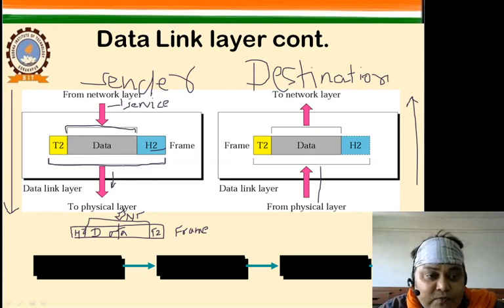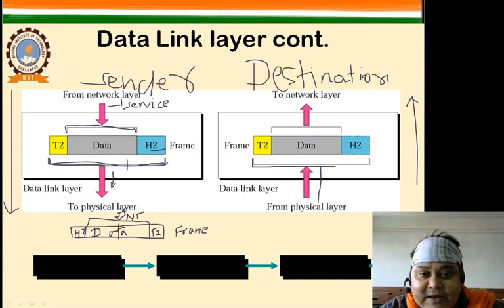So whatever it has received, this full block, it gives the service at the receiver end to see this data is coming from the sender end, and that is delivered to our receiver end, and this data is error free because T2 is there.